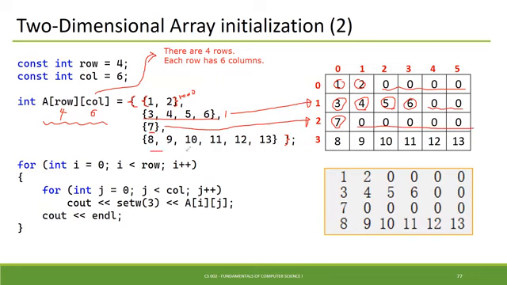And there are 6, so all 6 numbers will be in row 3. So this is also a possible initialization. Then we print out each row and column. Any question about this initialization? Then it is not that hard, right? Just be careful not to have errors.